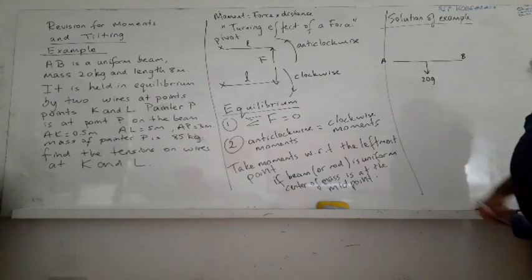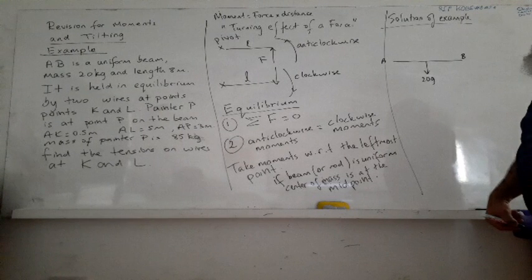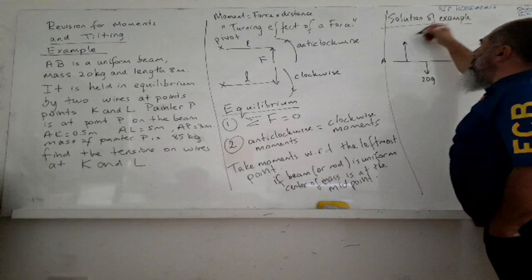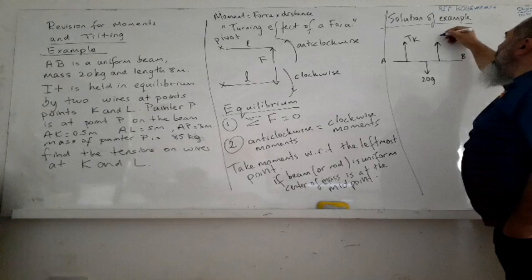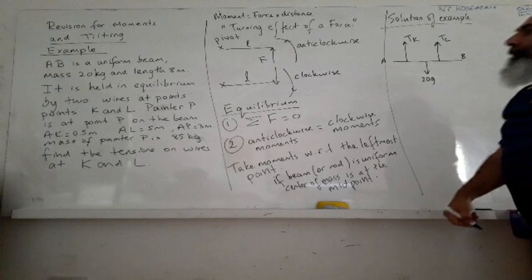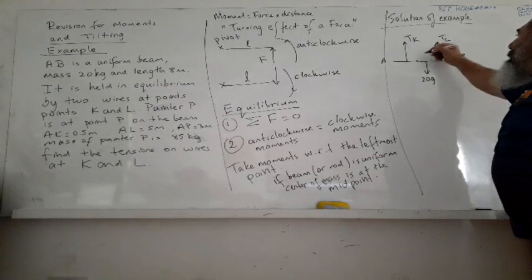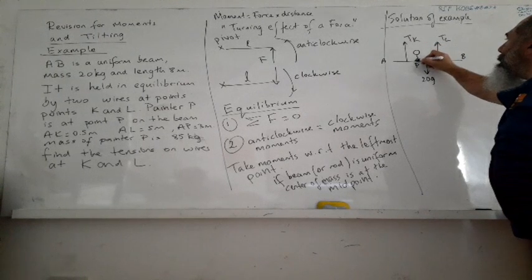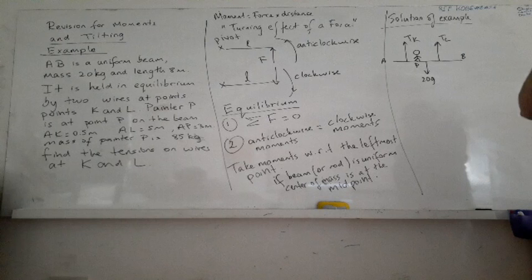It is held in equilibrium by two wires at points K and L. K is here, we have tension K there, L is there, tension L there, and a painter P is at point P on the beam, which is somewhere here. The painter. And AK is 0.5.